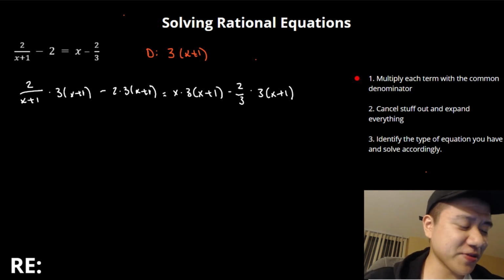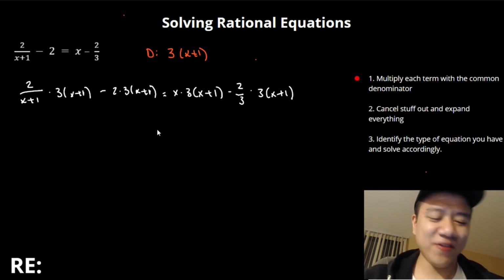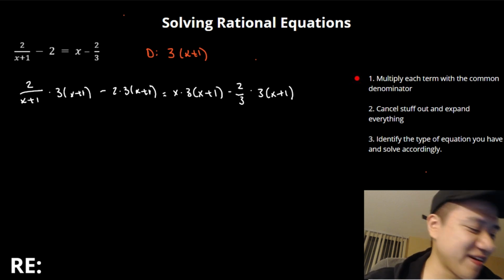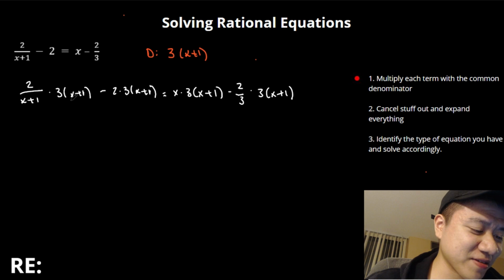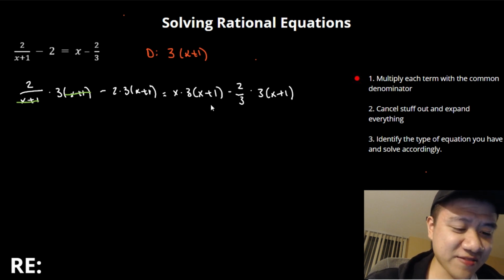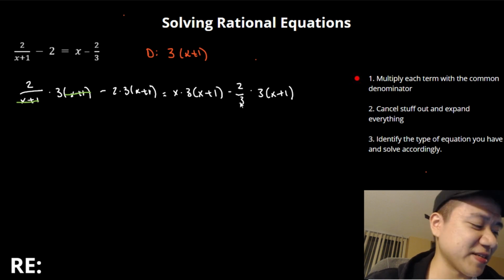The second thing we do is cancel stuff out and expand everything. If you notice here, what we have are things that we can cross out. Over here we can cross these guys out. We can't really cross anything out over here. We can leave it, and we can simplify this because we can cross these 3's out.